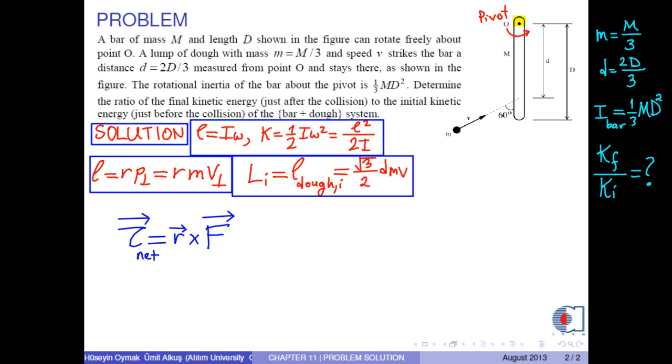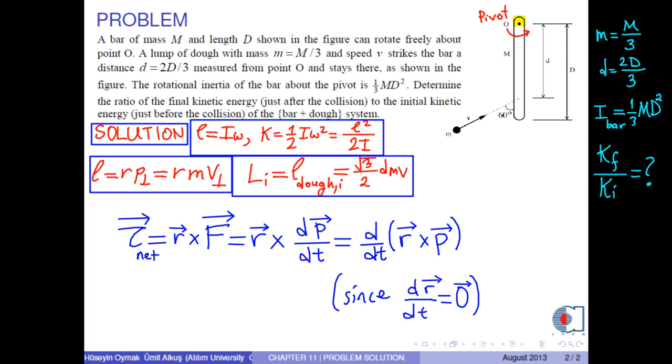Torque has the formula r cross F. Since force F has the formula dp over dt, we can write d over dt of r cross p, since dr over dt is 0. Here r cross p is the angular momentum, therefore net torque becomes dL over dt.